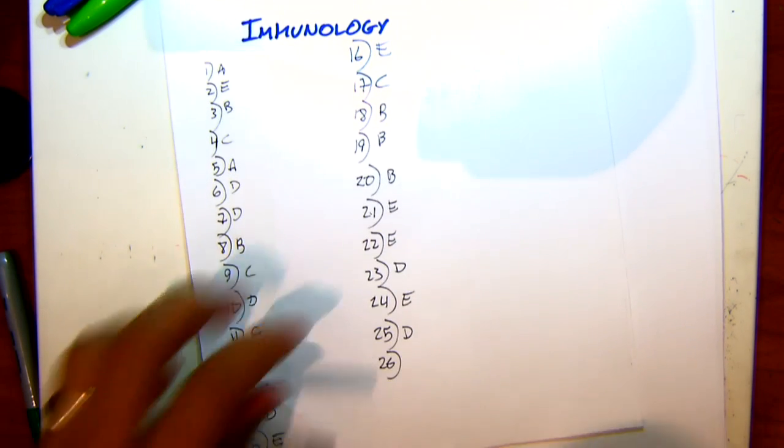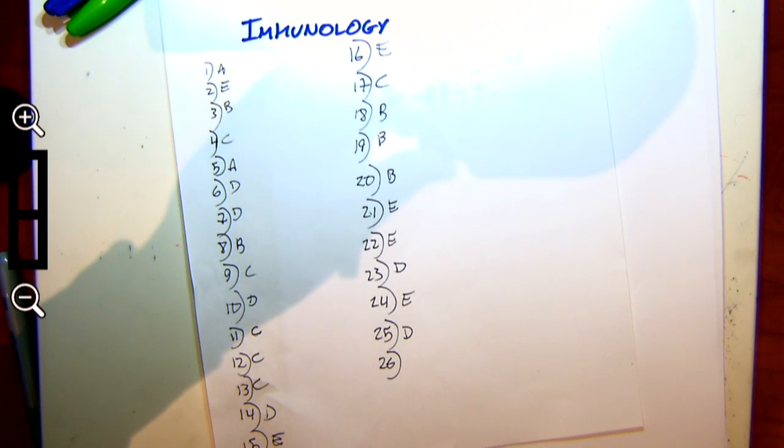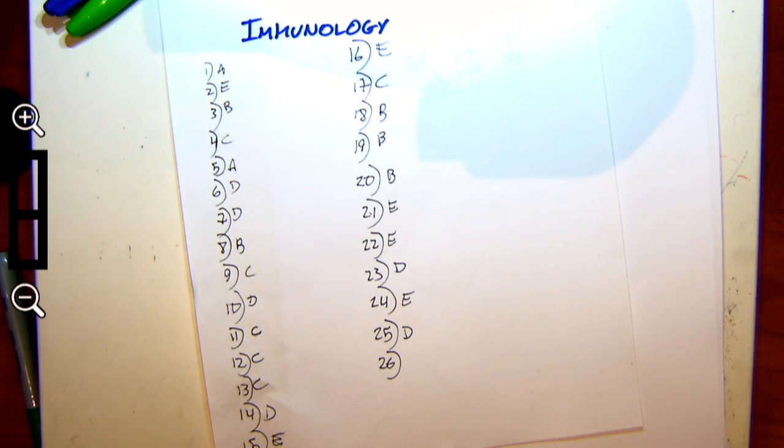So 26, that's going to be the whole checkpoint thing. Your pre-BCR is also known as your first checkpoint, which is a positive signal that prevents apoptosis, right?